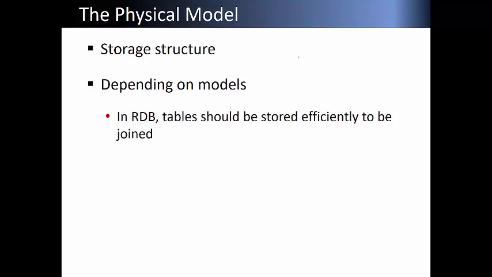So we started with conceptual data models, conceptual database design. Now we are in the physical database design. Depending upon the physical database design, we can make our database more efficient.